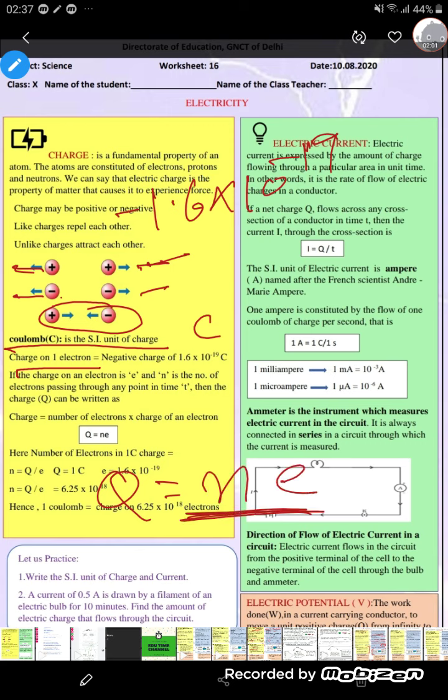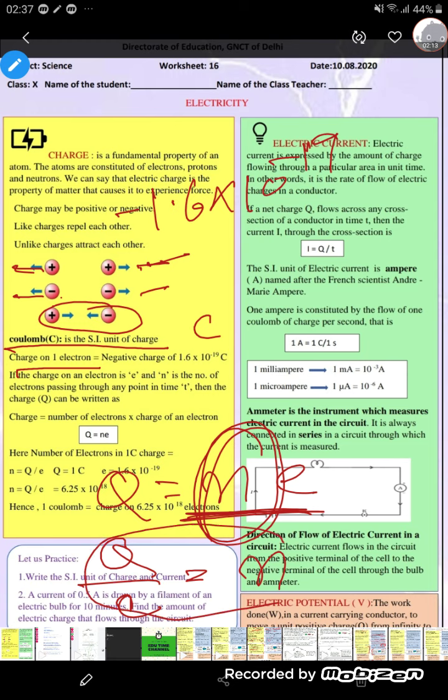And if we want to find out the number of electrons, then we have Q by e is equal to n. By using this formula, we can calculate the number of electrons.